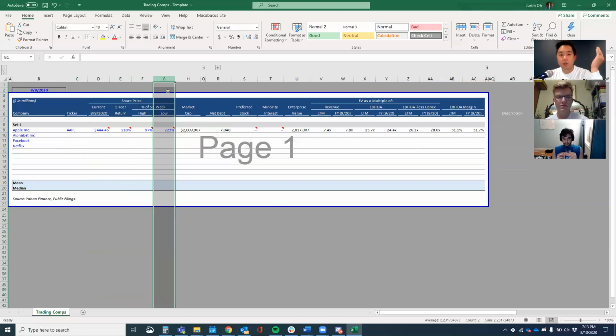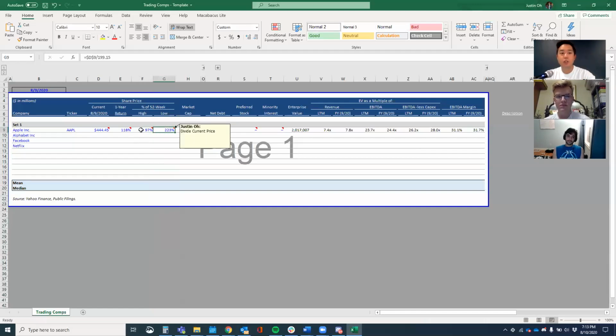If it's close to 100% of 52-week lows, that means it's been trading down and it's a downtrodden stock, right? So this gives you a nice little picture of how the stock price has been doing over the last year, and has it been a steady move up or a choppy move up or choppy move down?